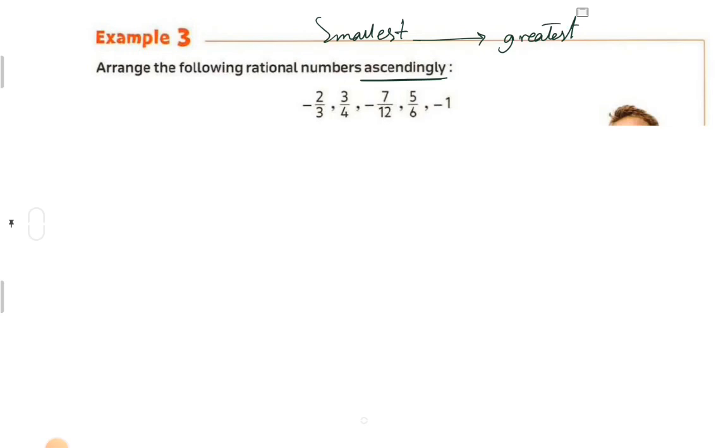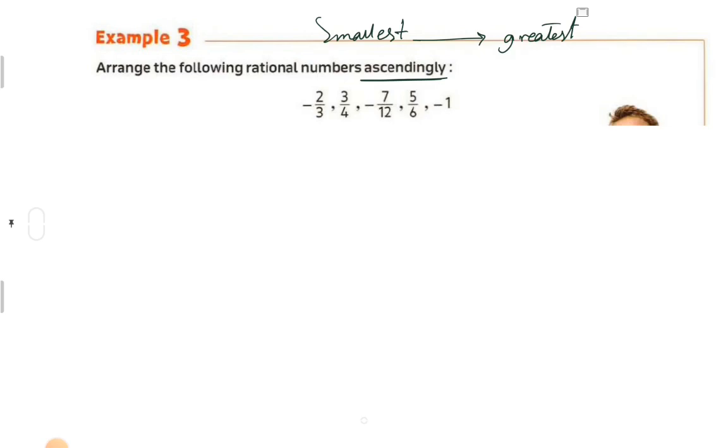Look here: -2 over 3, 3 over 4, -7 over 12, 5 over 6, and finally -1. Ascendingly means smallest to greatest. Which one is the smallest?